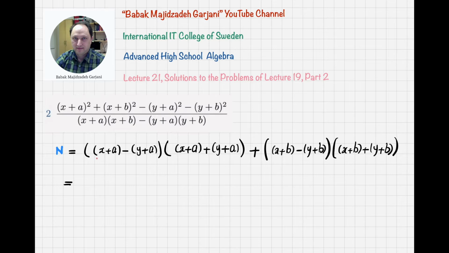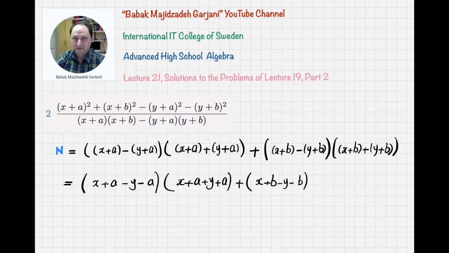So here I open these brackets, the same here, and here. So then it becomes x plus a minus y minus a. The next one becomes x plus a plus y plus a. And then I have plus the same thing for the next pair of brackets, x plus b minus y minus b, and then finally x plus b plus y plus b.